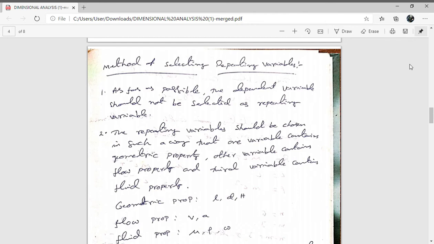And the second rule is, the repeating variables should be chosen in such a way that one variable contains a geometric property, the second variable contains a flow property, and the third variable contains a fluid property.